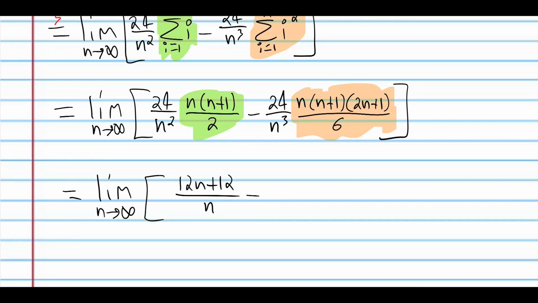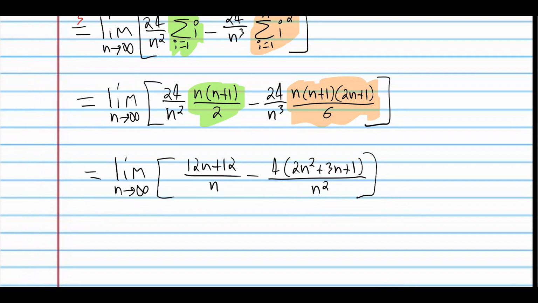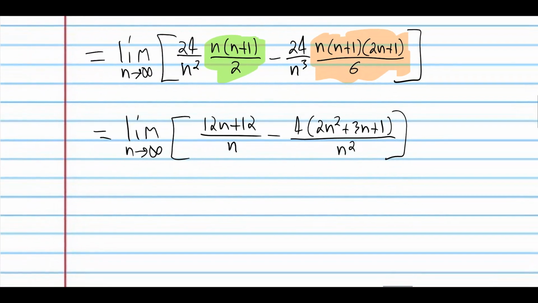And this becomes 4 times 2n squared plus 3n plus 1 over n squared, it looks like. So now let's continue.